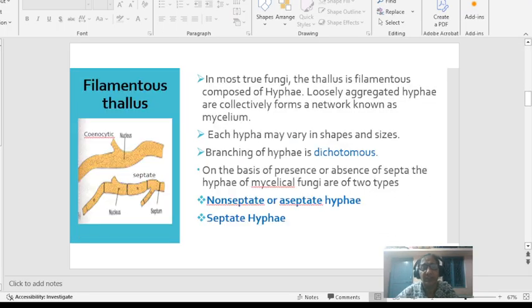In the filamentous thallus, the fungus is composed of hyphae, which collectively aggregate and form a network known as the mycelium. Each hypha may vary in shape and size. Branching of the hyphae is dichotomous. On the basis of the presence or absence of septa, they may be aseptate or septate.